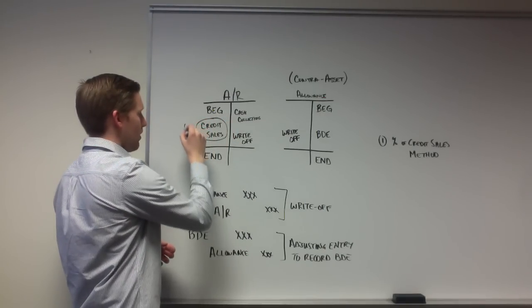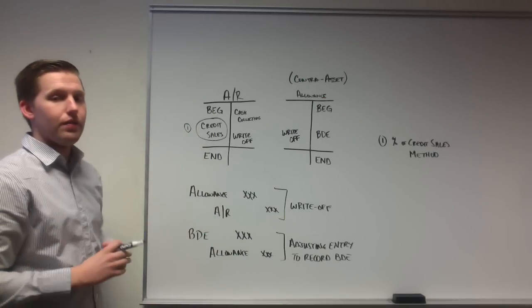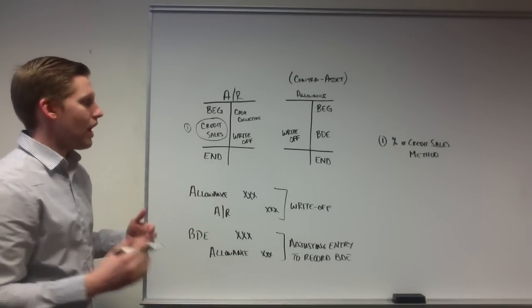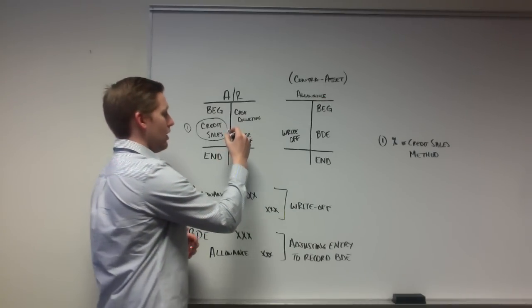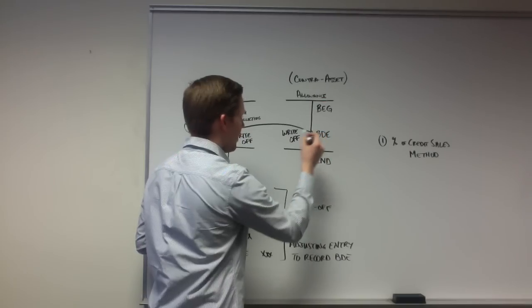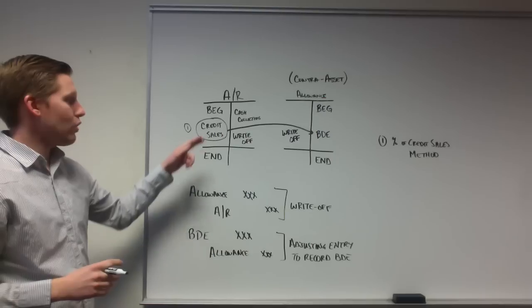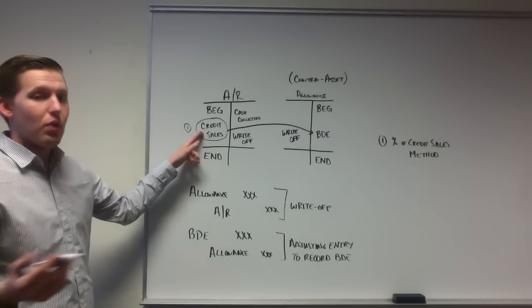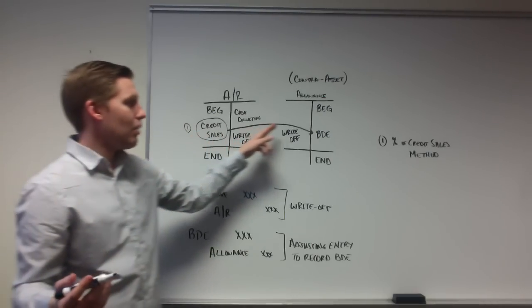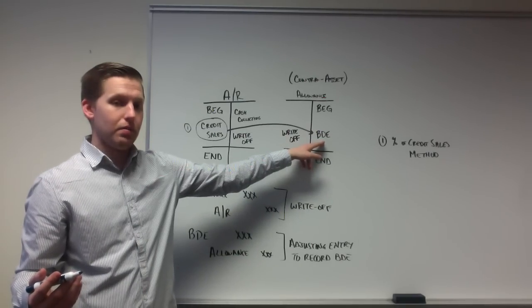This is method 1. So I'm going to take 3% of this number here. And whatever I get when I do that is going to give me my estimate of bad debt expense. So when I take 3% of credit sales, let's just say I get 100, I'm going to take that 100 and put it here in the T account for bad debt expense.